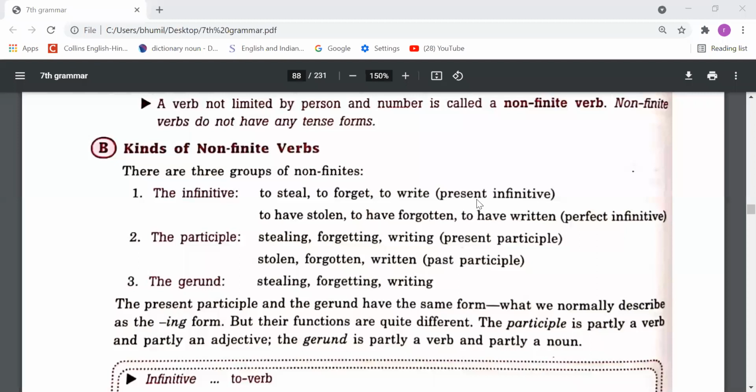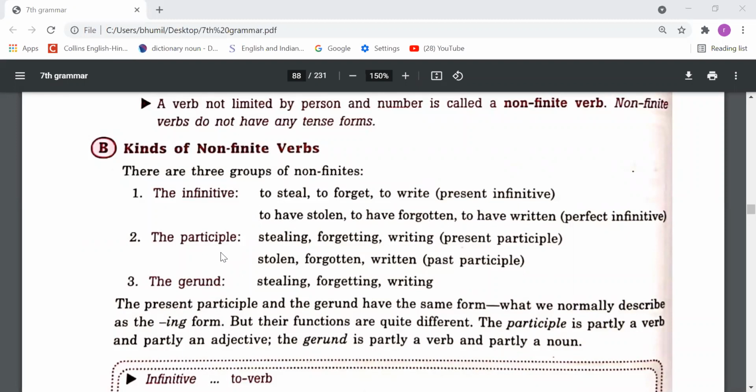In the present infinitive, we use to plus root form: to steal, to forget, to write; we can also say to plus first form. And in the perfect infinitive, to have stolen, to have forgotten, to have written, means to plus have plus third form. That is a part of the infinitive.